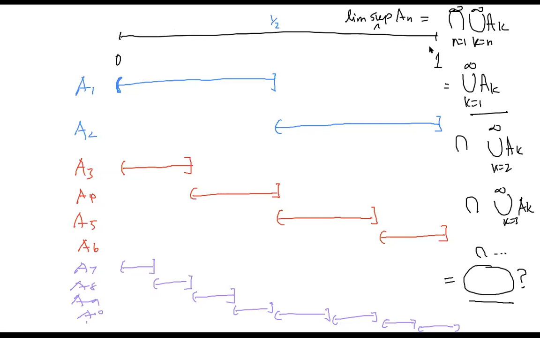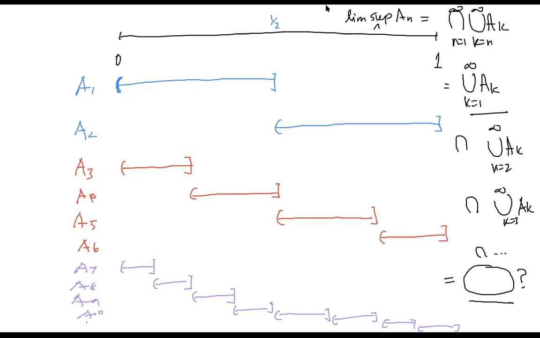Your A1, A2, and all that are subsets of this 0, 1 interval. I think it should be the summation of A_k, k from 1 to infinity.